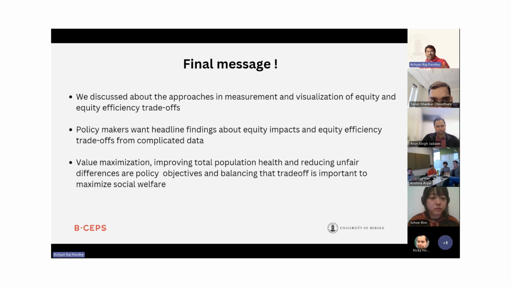Sometimes, rather than having a complicated measurement of inequity, we may simply go for a dashboard that presents the disaggregated data by different strata or different variables. Value maximization, improving total population health, or reducing unfair differences are the policy objectives, and balancing that trade-off is important to maximize social welfare.